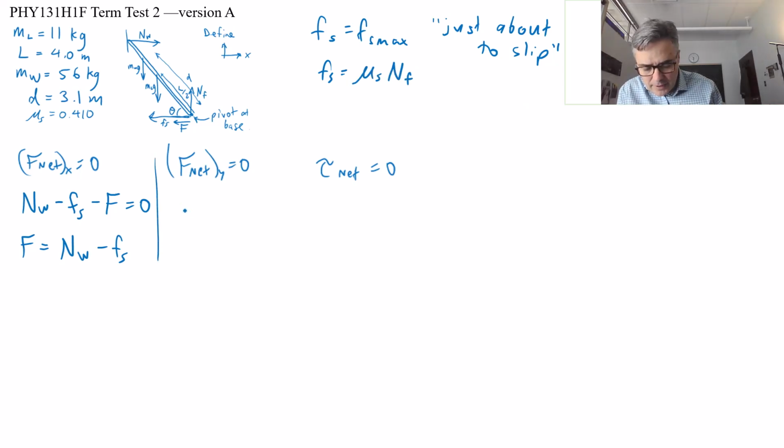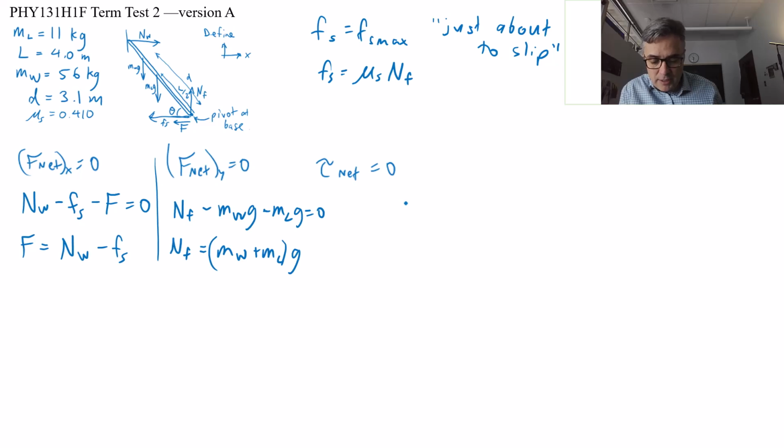We know that F net in the y direction is 0. We've got normal force from the floor acting up minus the mass of the woman minus the mass of the ladder, g, equals 0. So the normal force from the floor is equal to the mass of the woman plus the mass of the ladder, total mass, times g, because those are all the vertical forces.